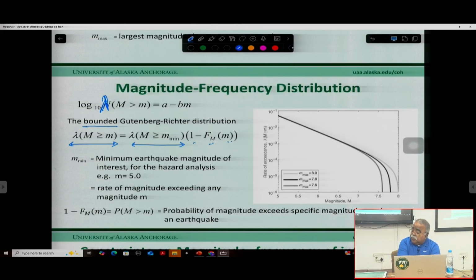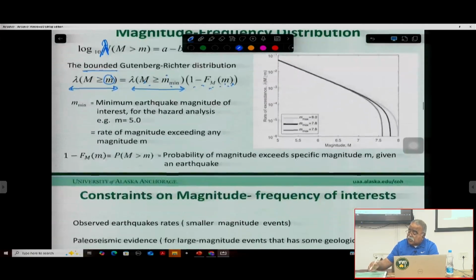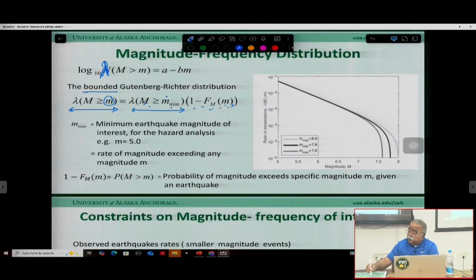So bounded Gutenberg-Richter scale is equal to lambda for any value m greater than a particular value, which is lambda at the minimum threshold, times 1 minus F_M of m. Right? And 1 minus F_M is the probability of exceedance. So the probability of magnitude exceedance will be equal to 1 minus F_M of m.